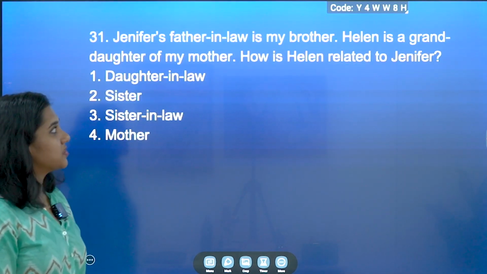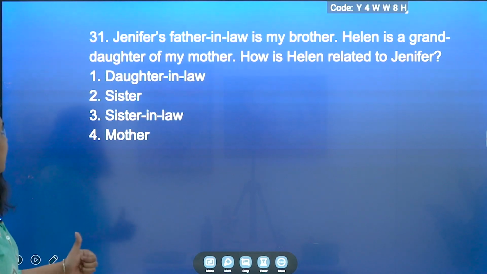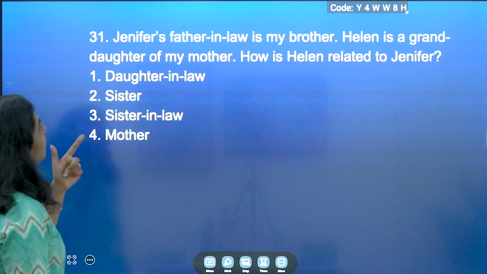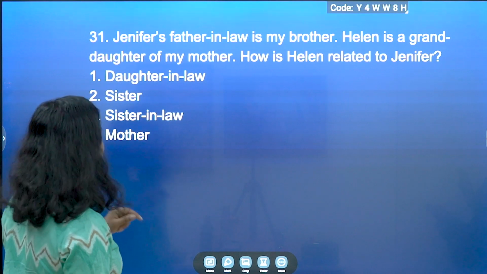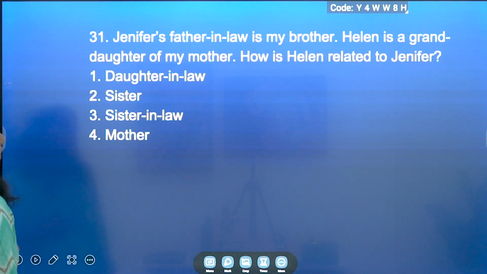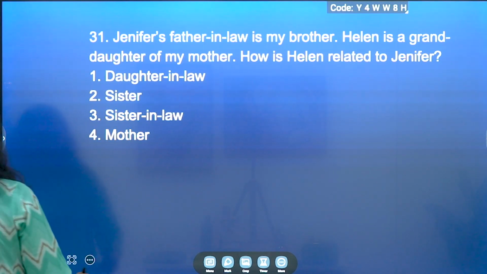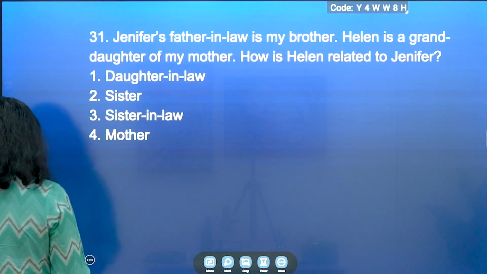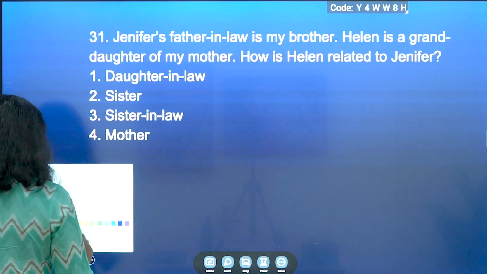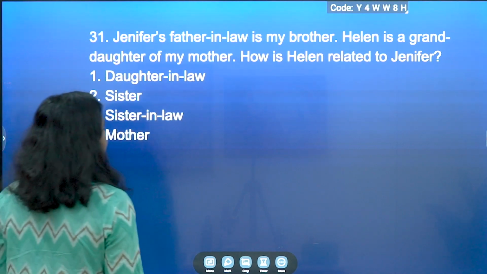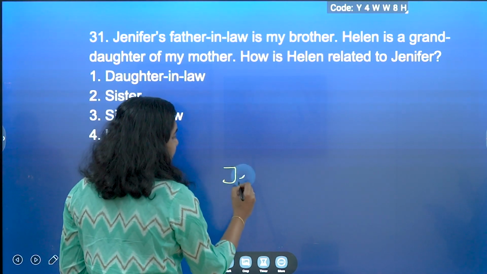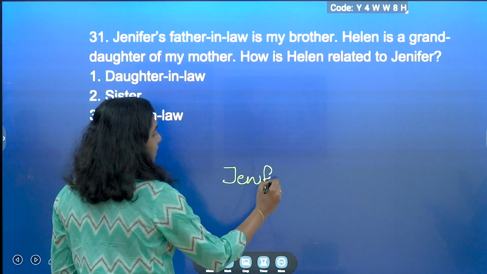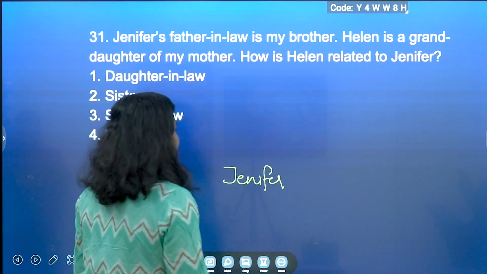So the next question is of blood relation. Jenifer's father-in-law is my brother. Helen is granddaughter of my mother. How is Helen related to Jenifer? So some man is telling this. Jenifer's father-in-law, so let's write Jenifer here, and her husband.